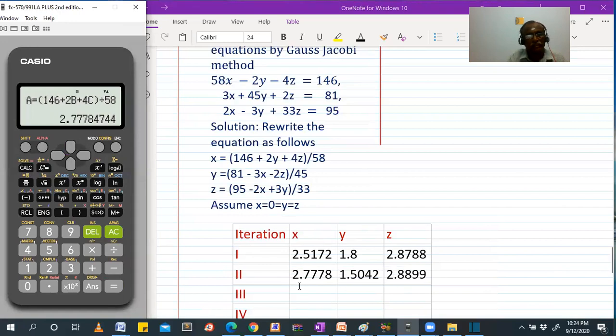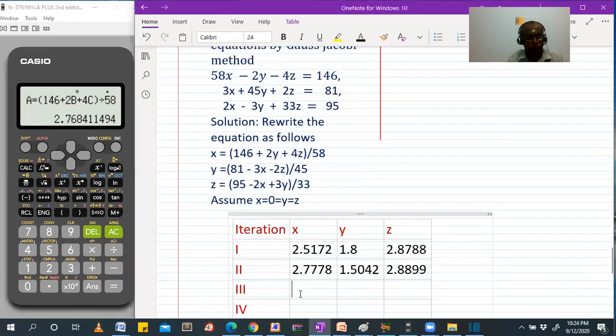Next, calc a. B is 1.5042, c equal to 2.8889. So it is 2.7684.